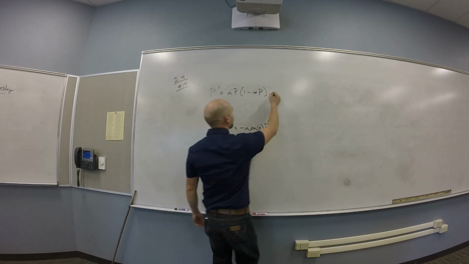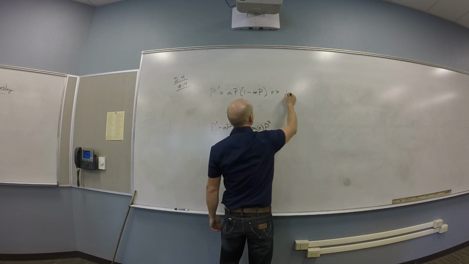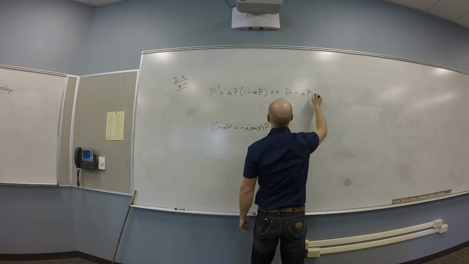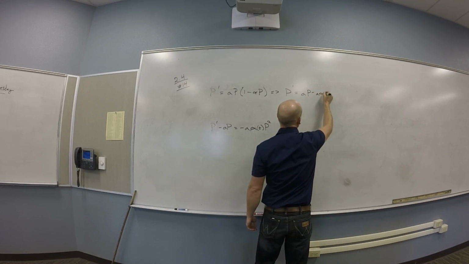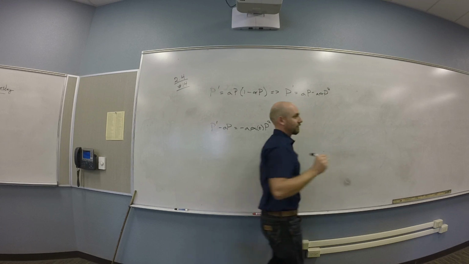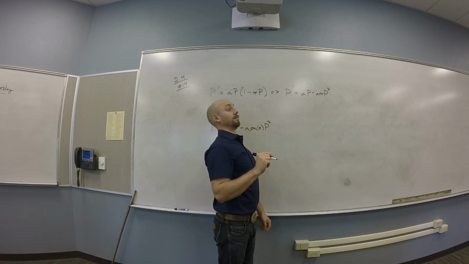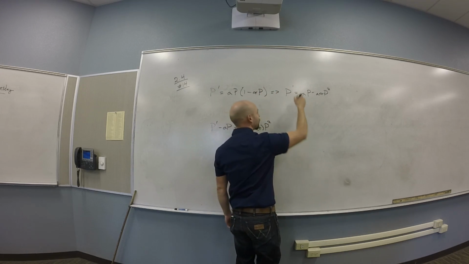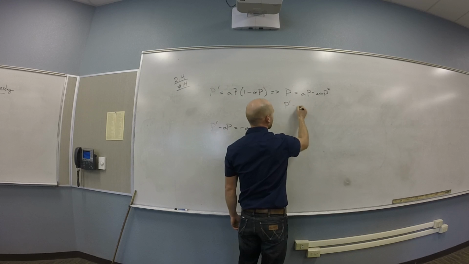Right? So specifically, this equation is the same thing as P prime is AP minus A alpha P squared, doing that old distribute thing. And then you could subtract the AP to the other side.